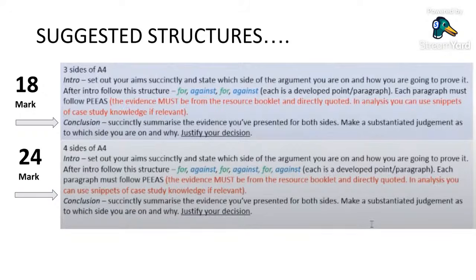But with these, I'm going to talk about a different structure, which is effectively make your point, explain that point, and then use evidence that must come from the resource booklet, with directly quoted figures from those. So that's point, explain, evidence that's coming directly from the resource booklet.